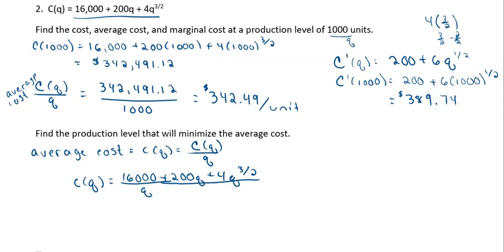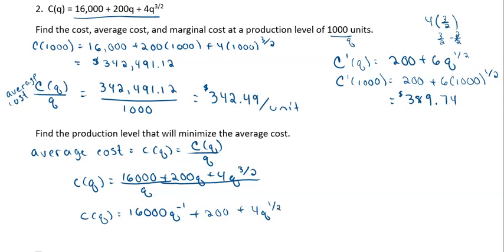There we go. So now we need to divide everything by Q. So if we divide 16,000 by Q, that'll look like 16,000 Q to the negative 1. 200Q divided by Q is 200. And 4Q to the 3 halves divided by Q is 4Q to the 1/2.